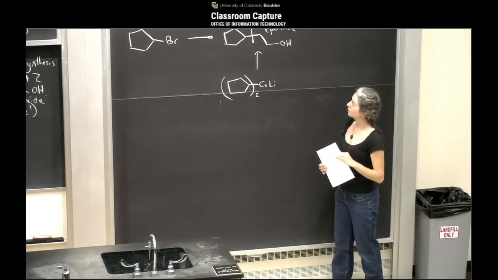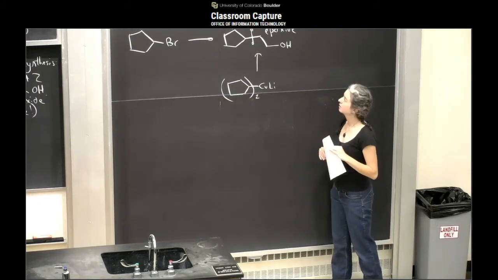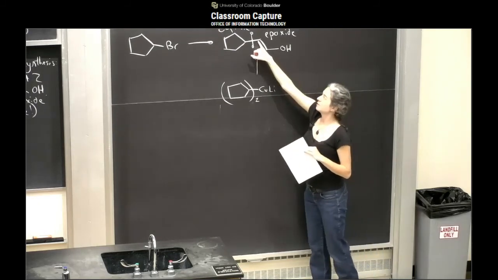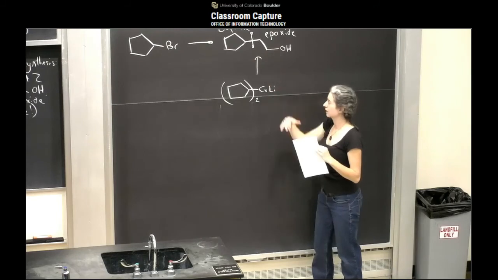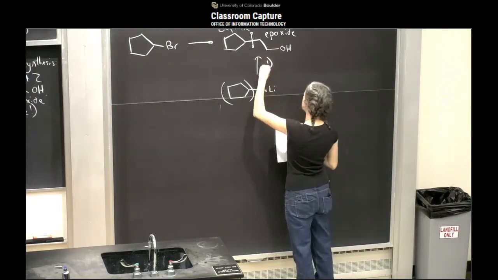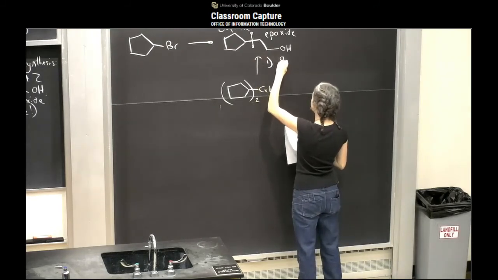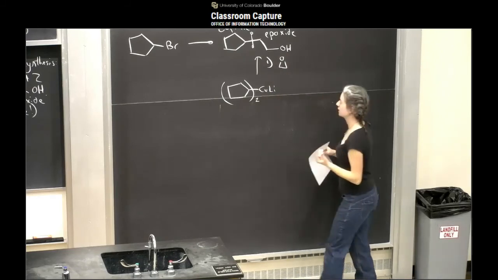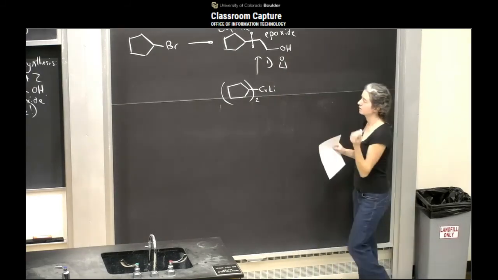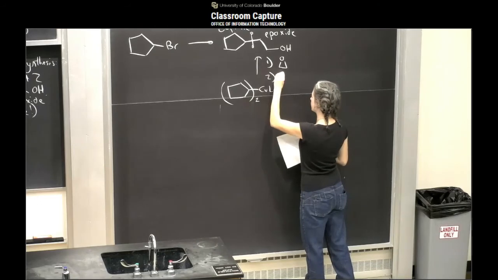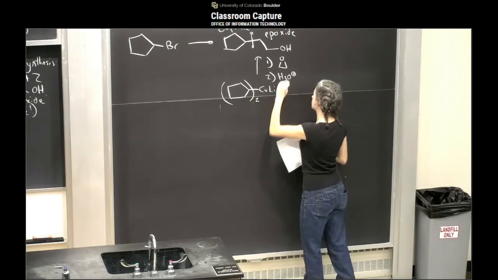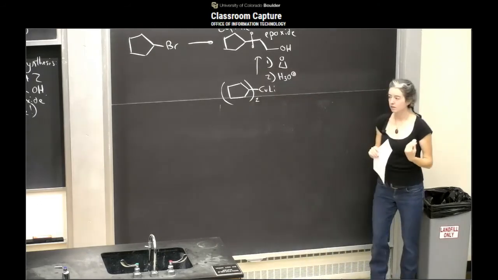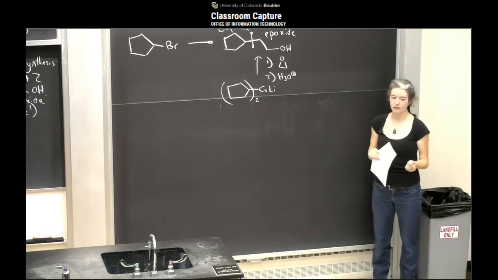Okay, so the epoxide that I'm going to use is pretty much just going to be these 2 carbons plus the oxygen of the ring. So this one's relatively nice and simple. Just this epoxide is all I need. And then step 2 is going to be the workup. So like that.